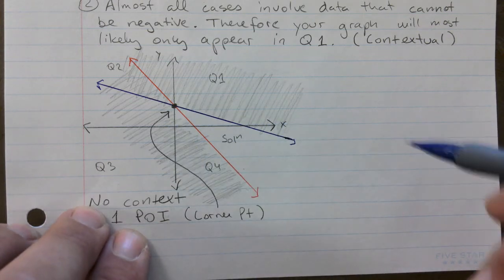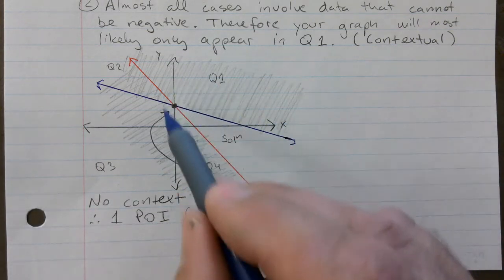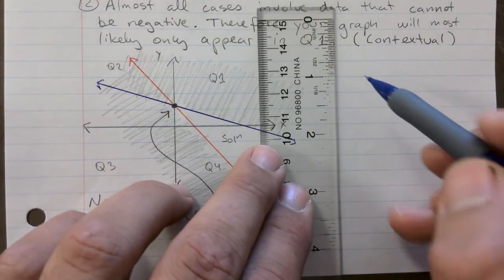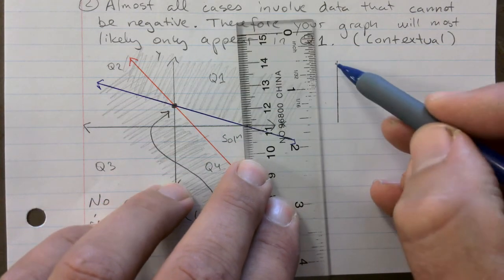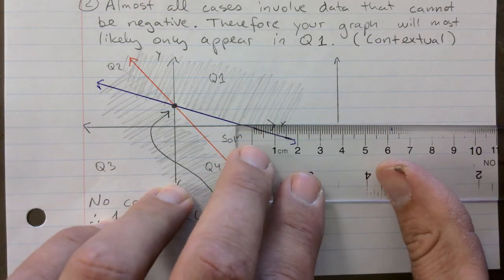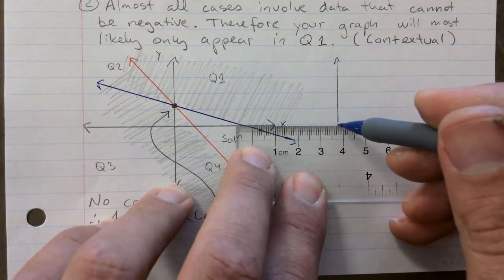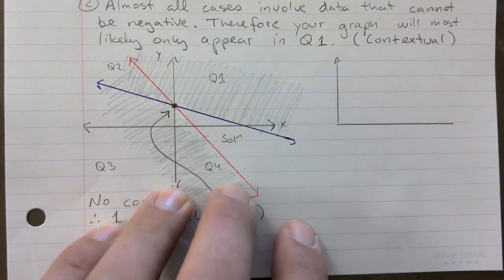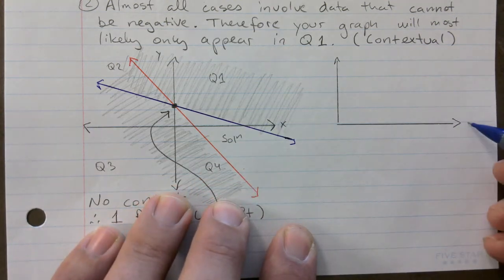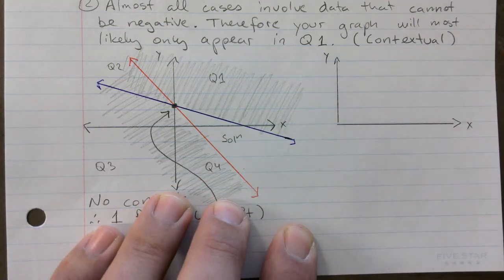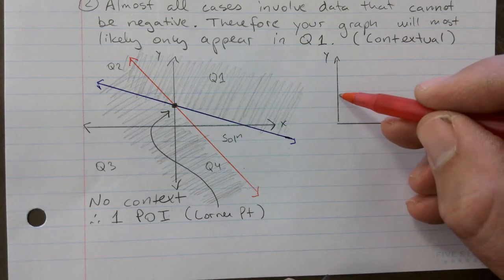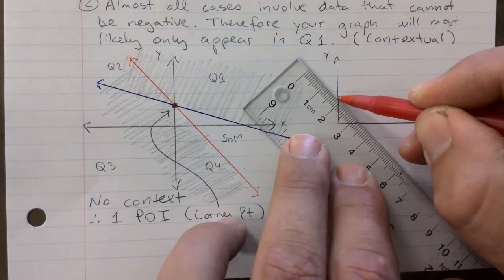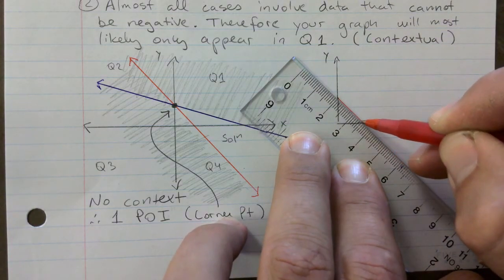Okay, so let's make that copy. I will just copy the first quadrant over to the right. X and Y. The red one ended up like this.